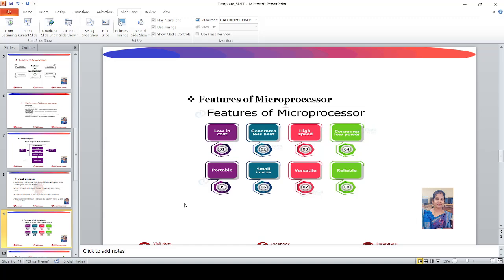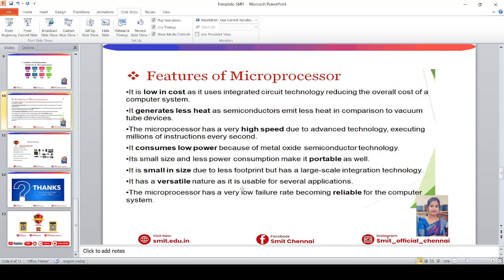Next one is reliable. It has a low failure rate and it is also very efficient. That's why we call it reliable. So these are the features of the microprocessor. For this explanation, I give you in the next slide.